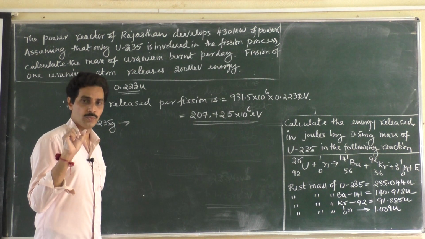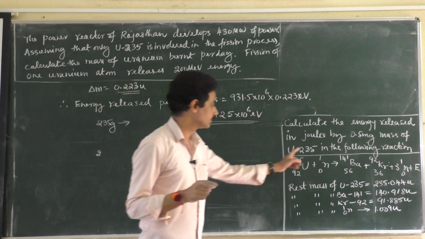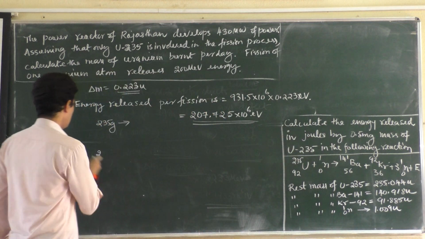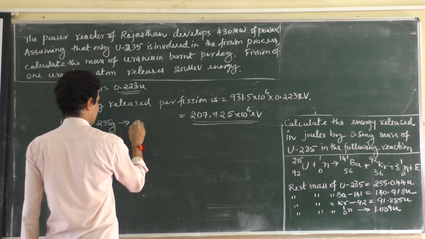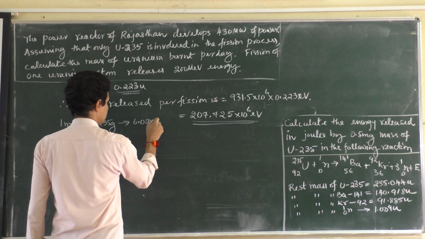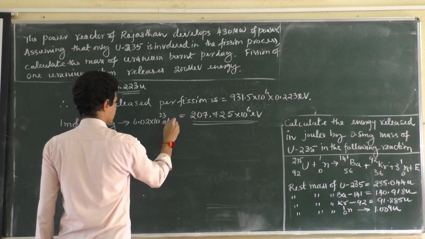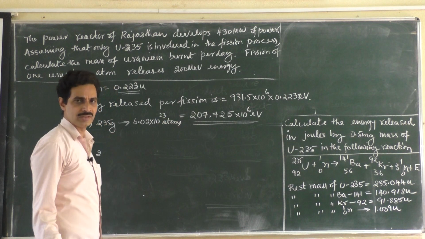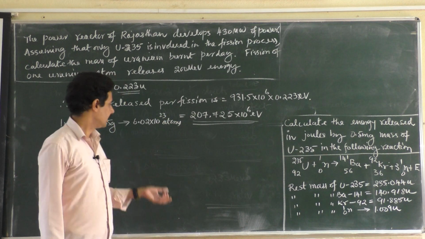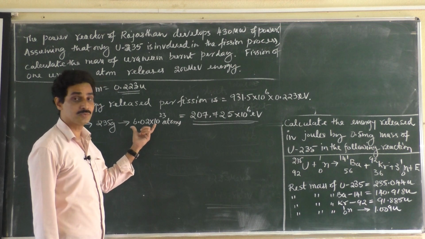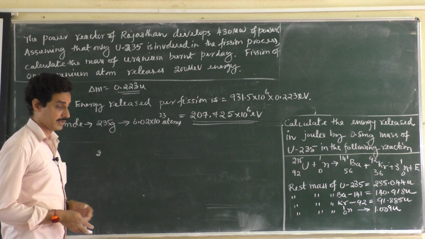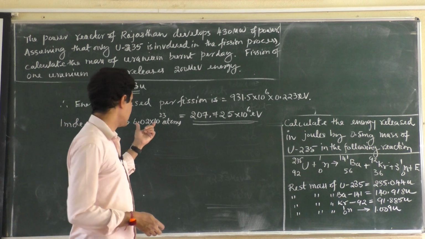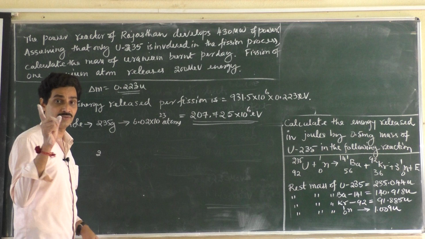If you take 1 mole of uranium, it is 235 gram, and it contains 6.02 into 10 to the power 23 atoms. If all the uranium is lost in fission, this many atoms will be lost, and so many fissions will occur.